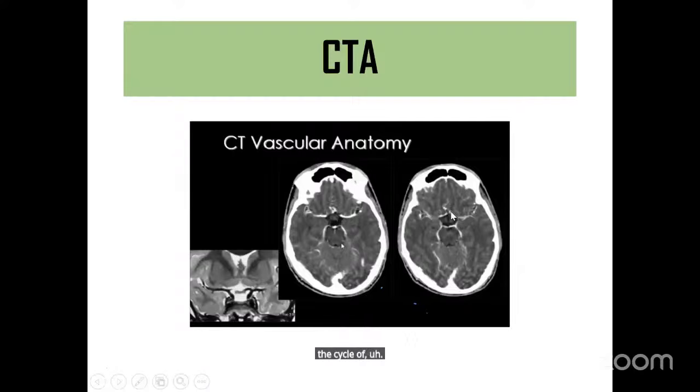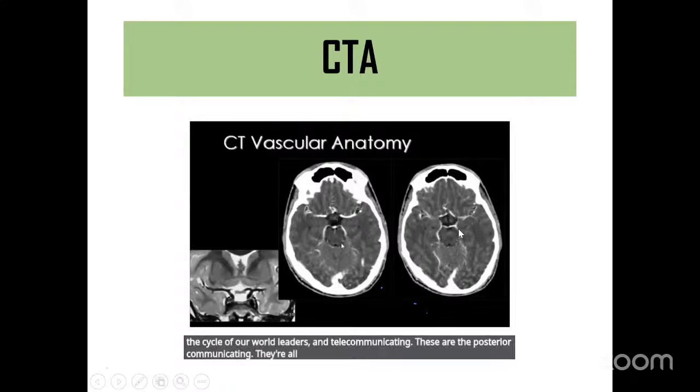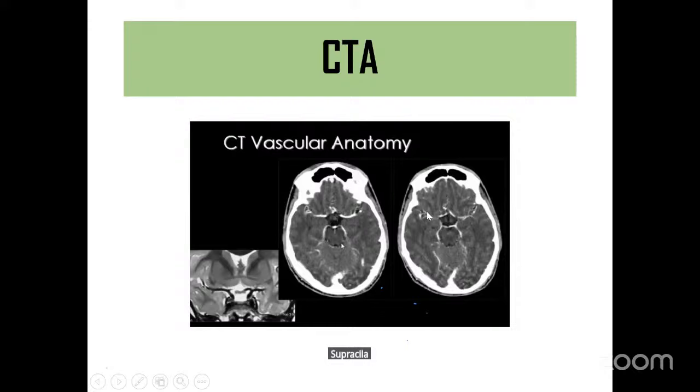That's anterior communicating. These are the posterior communicating. They all form around the suprasellar cistern to form the circle of Willis. This is the middle meningeal artery, rising from the basilar, to form the circle, which can easily be depicted.